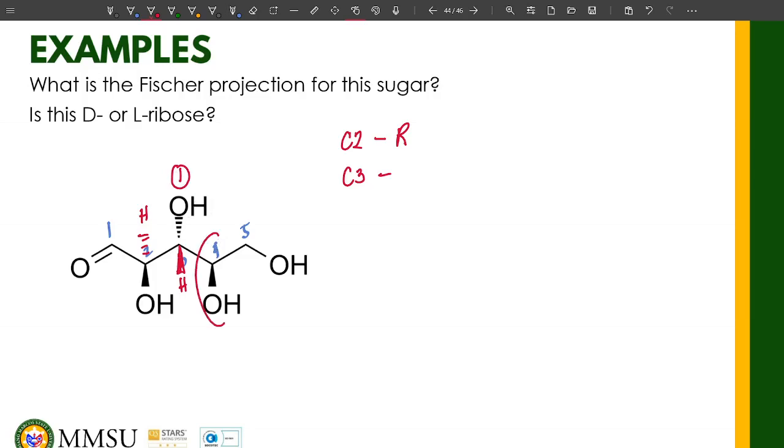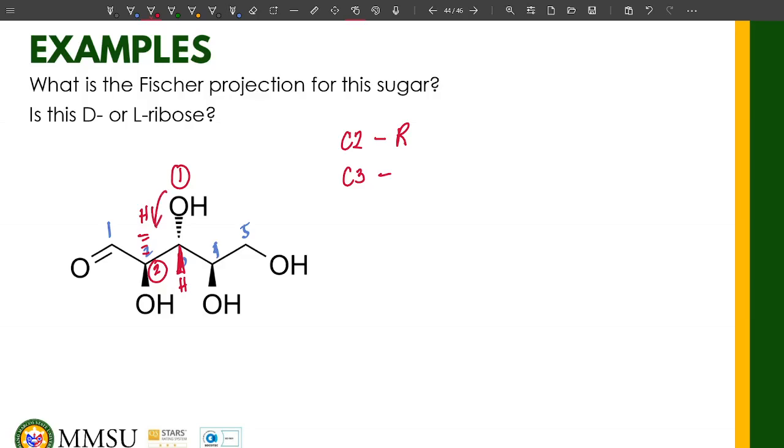Then OH and hydrogen are the same on carbons 2 and 4, so you proceed outward again: carbon 1 and then carbon 5. C double bond O is of course the higher priority. C5 is CH2, CH2O, so this has higher priority here. This is your second.